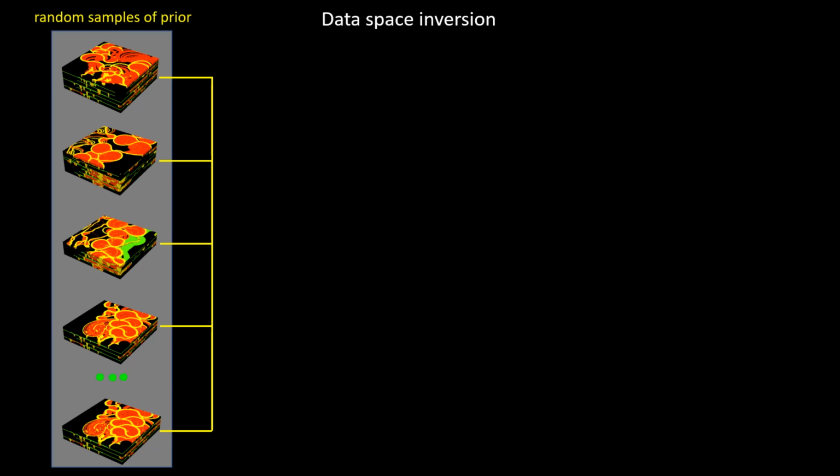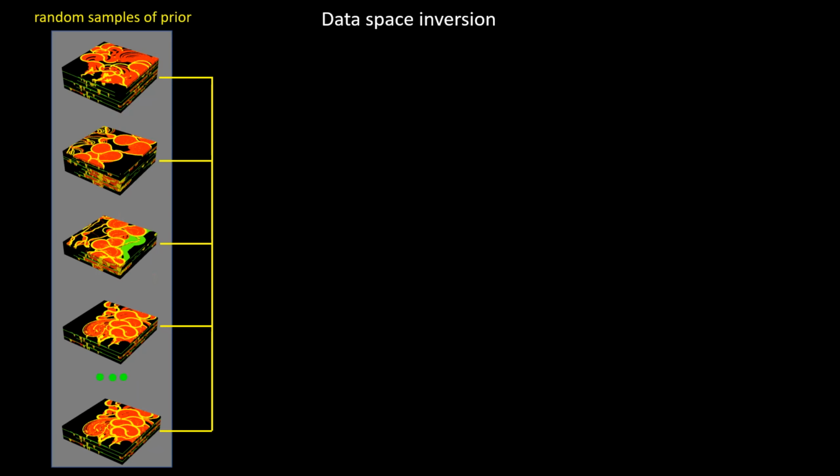So, we start off with realizations of our parameters. So here is our model domain, and we're going to populate that model domain with, I'm going to pluck a number out of the air, say 300 realizations of the prior parameter probability distribution. But this is very liberating because these don't actually have to be parameters in the traditional sense.